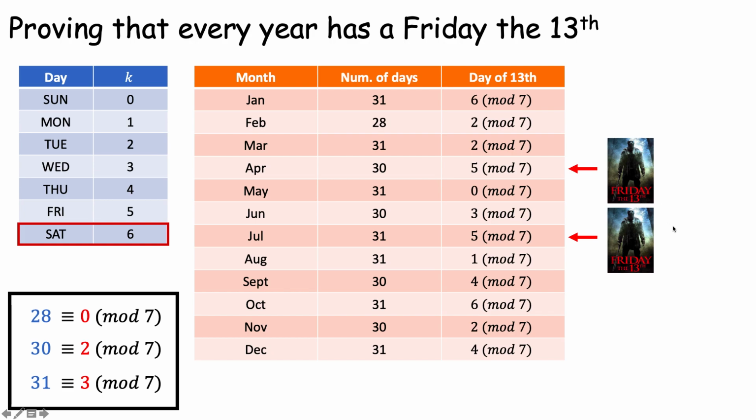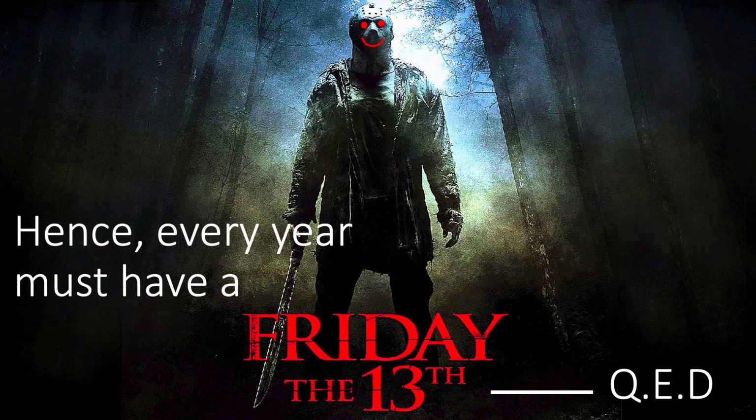So from these considerations, we have shown that whatever year it is, there will be a particular month which has a Friday the 13th. And we have shown this for the non-leap years, and you can try it for yourself with leap years to see that this also is applicable for those years.